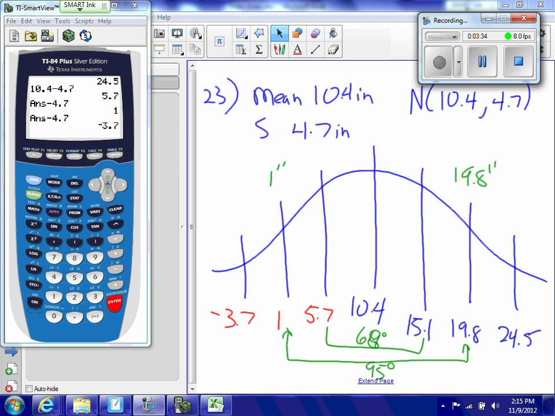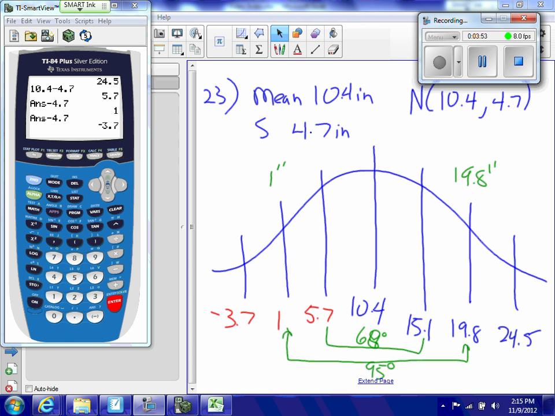The next part of the question reads, about what percent of the trees should be less than an inch in diameter? Well, let's look at the normal model. So we're trying to figure out what percent of the trees.